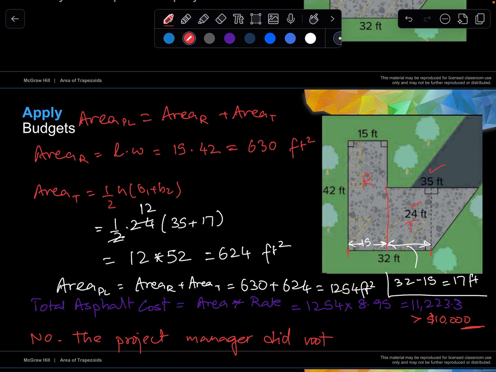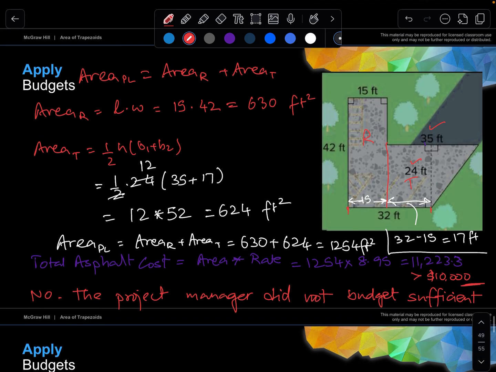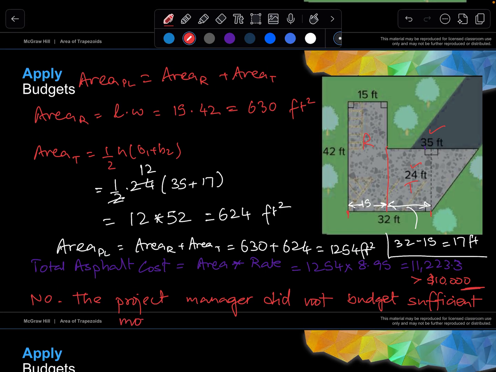The question that was asked, the project manager did not budget sufficient or enough money for the project. Okay.